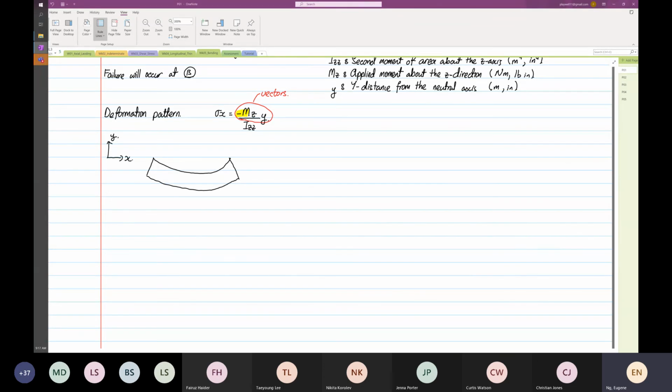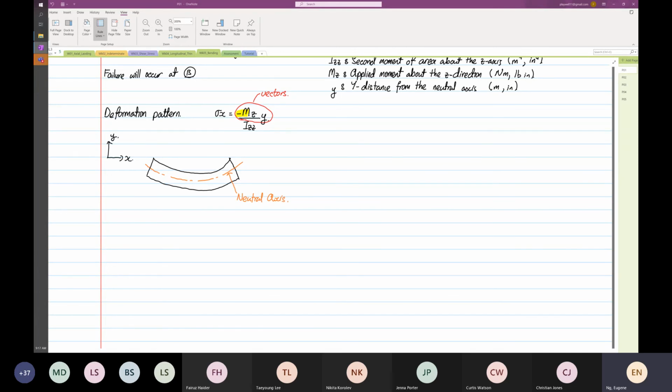And I would like to introduce you to a new term. Over here, this chain line that I've just drawn is known as our neutral axis. Okay, that is our neutral axis.